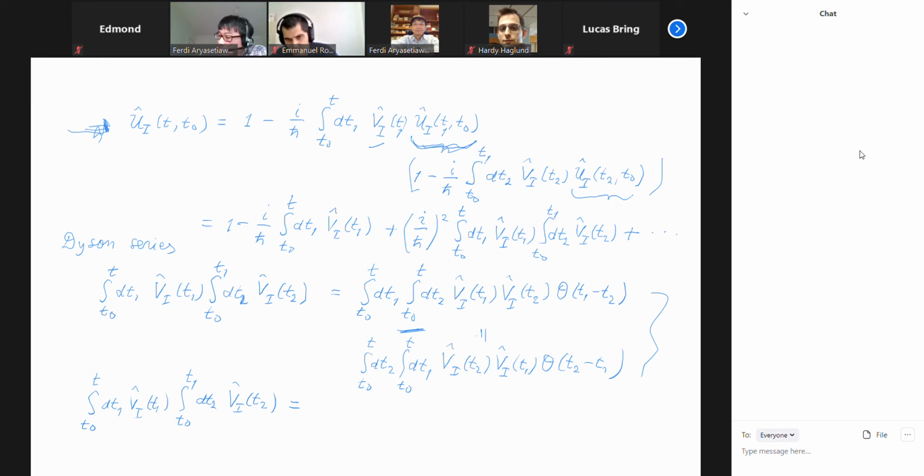So that gives me 1/2 of the integral from t0 to t dt1, integral from t0 to t dt2. Now I introduce what is called the time ordering operator. Let's just call it T. But I don't want to put a hat because it's not really an operator in the sense that it corresponds to some observables.